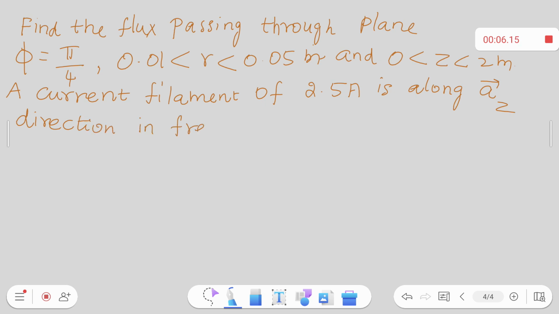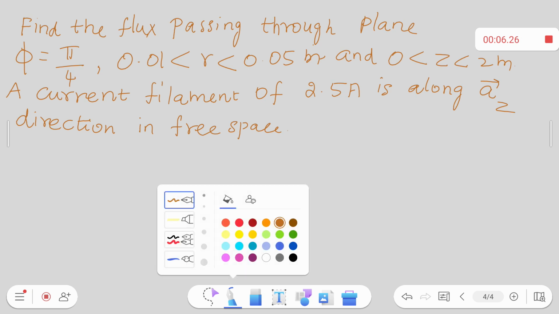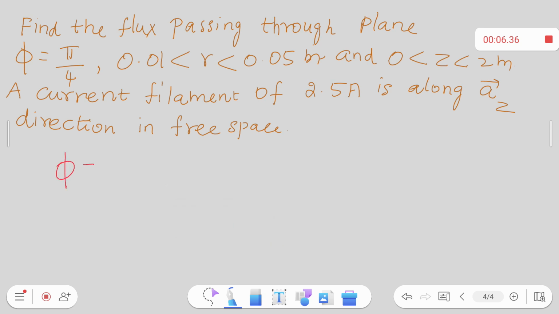So this is my question. You need to find the flux passing through a plane surface, which is a cylindrical surface. So you need to find the total flux passing through the surface.